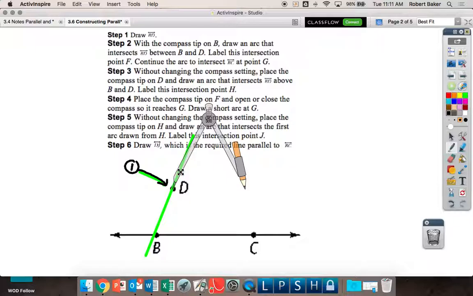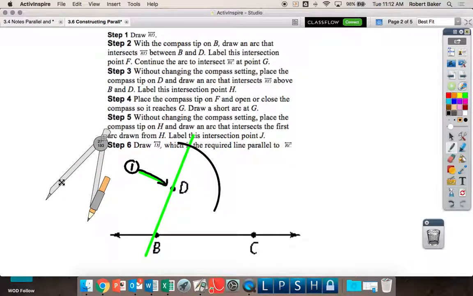Now watch. Remember, I have to do it before you do it, otherwise you're going to get lost because you can't multitask very well. So we're going to make sure our compass will intersect the green line above D. When you swing an arc, it needs to hit the green line up top, and I would encourage going a little bit below D. Once you do that arc, do not change the radius of your compass.